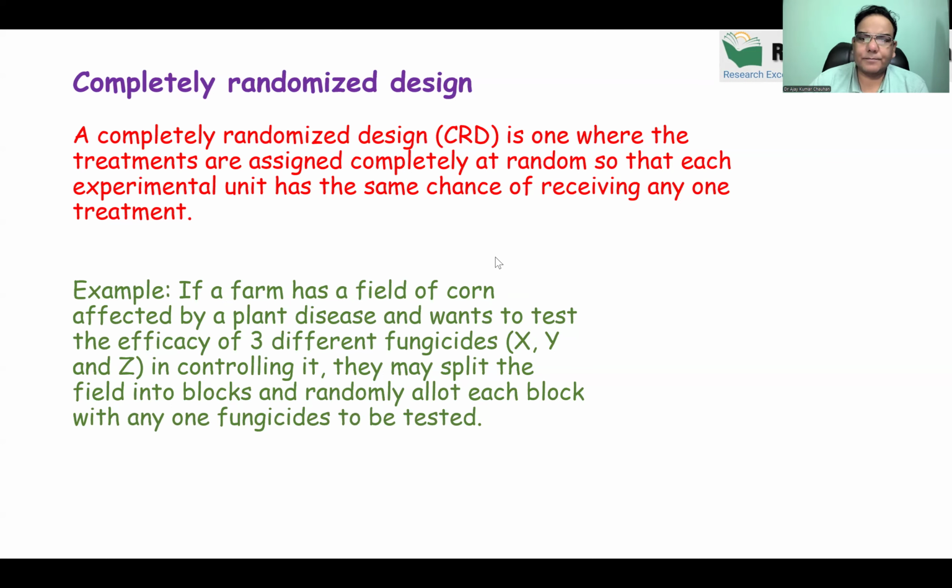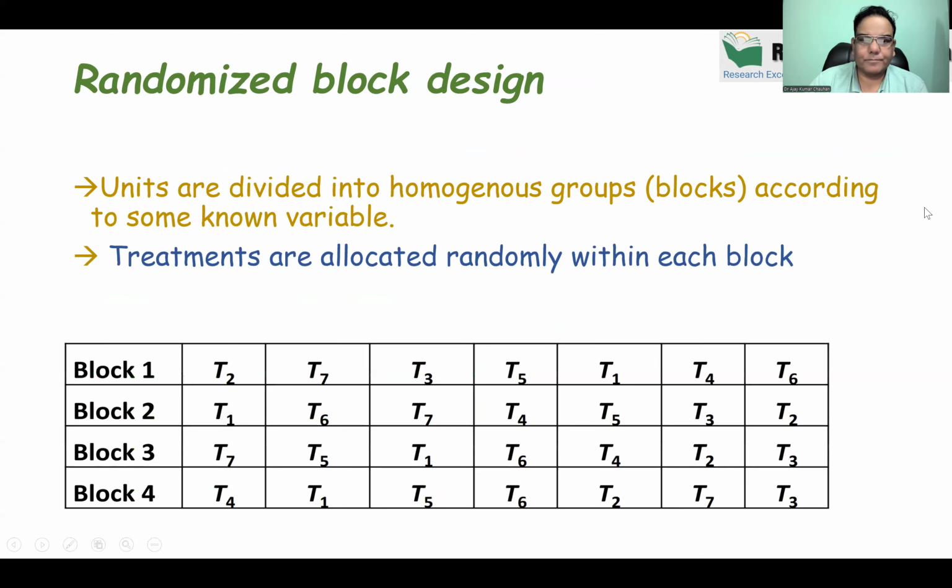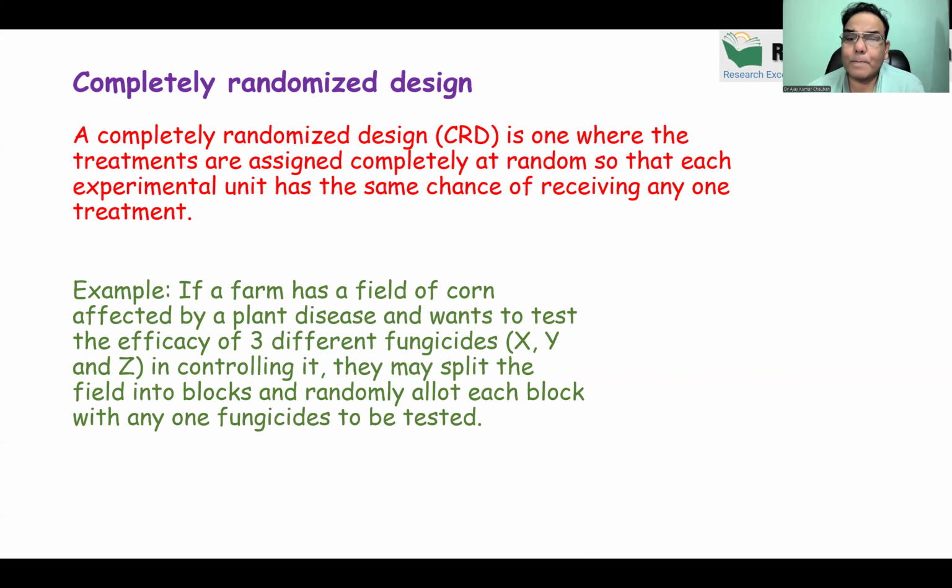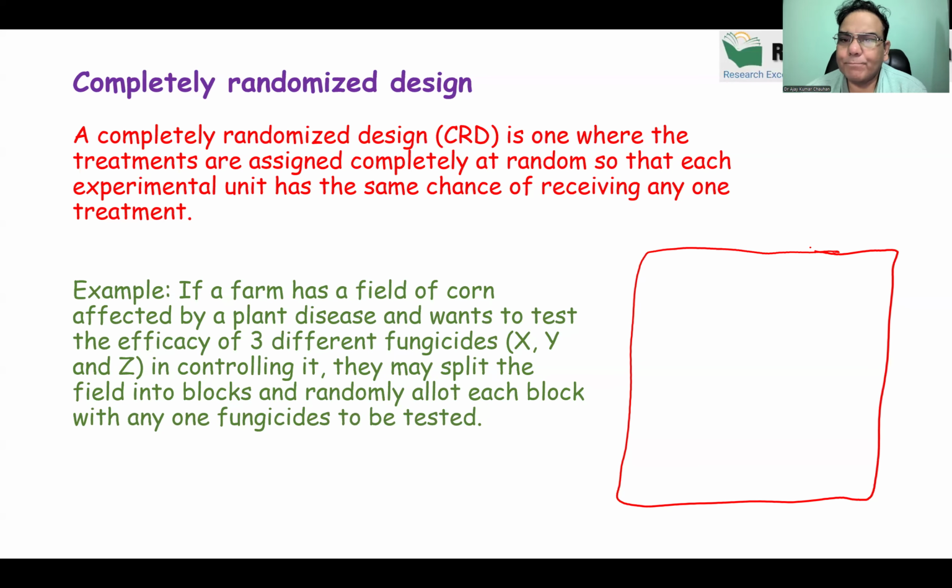Now, next, this is the advanced version of completely randomized design. This is called randomized block design. If we look at the same old example, suppose this is the agricultural land.